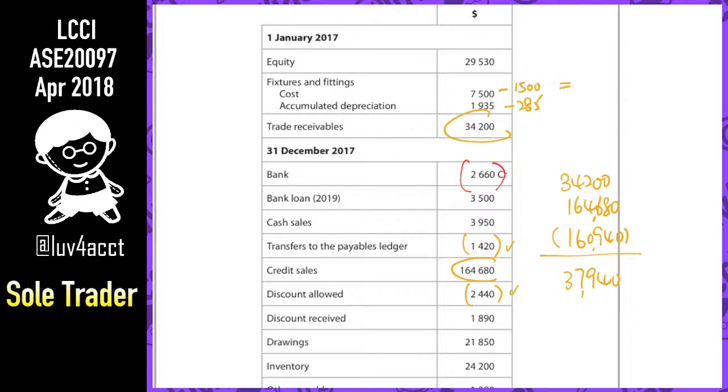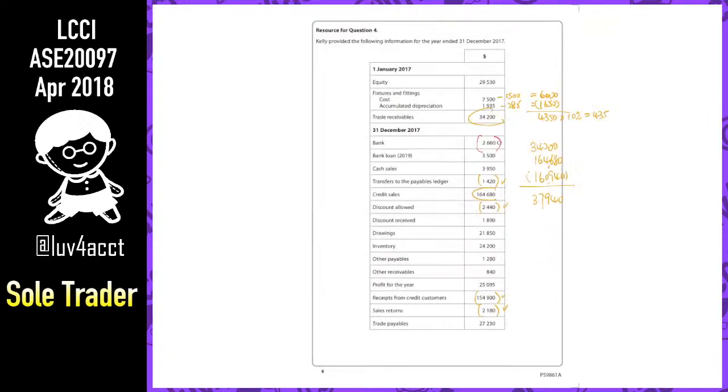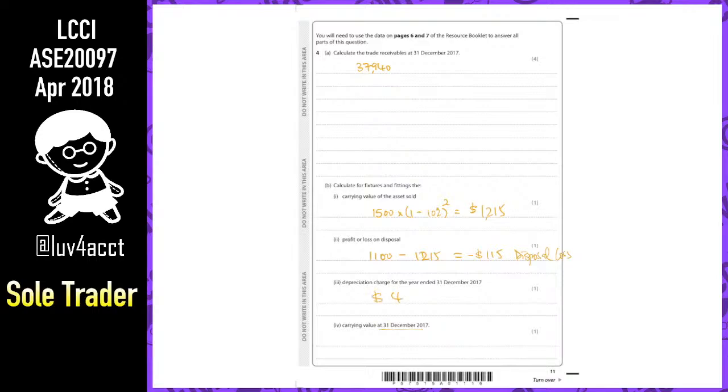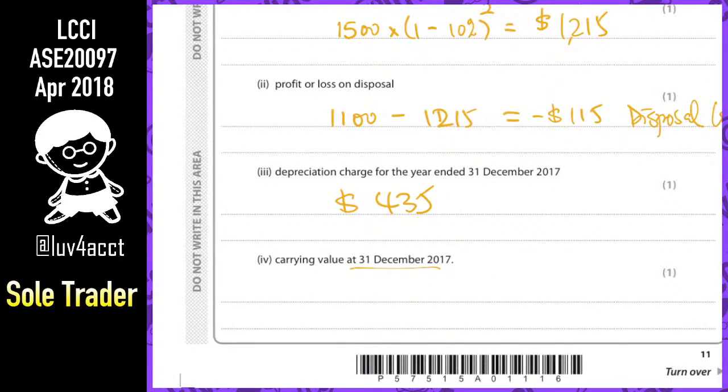So we have 6,000, and then 1935 minus 285, that is 1650. 4350 multiplied by 10%, that is 435. Okay, and our carrying value will be 3915.